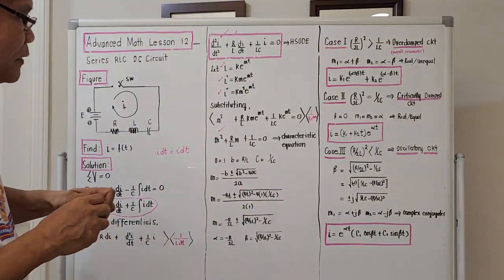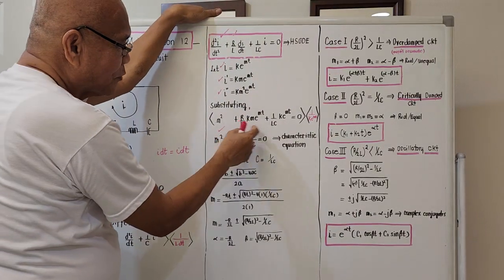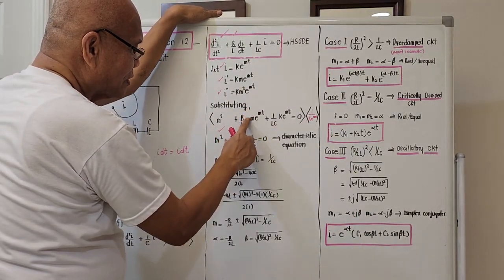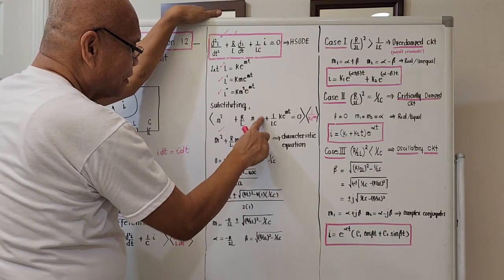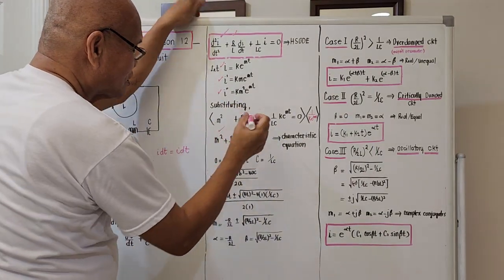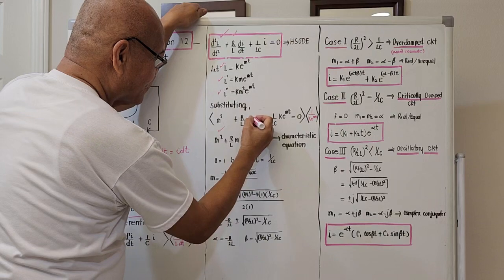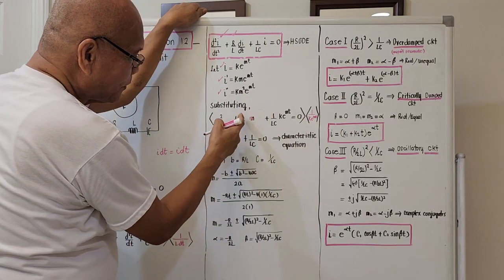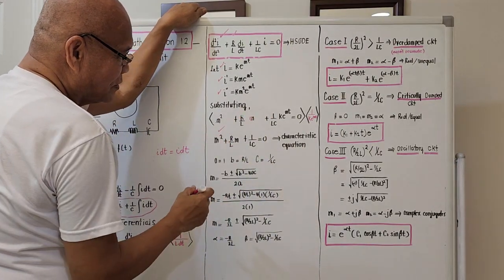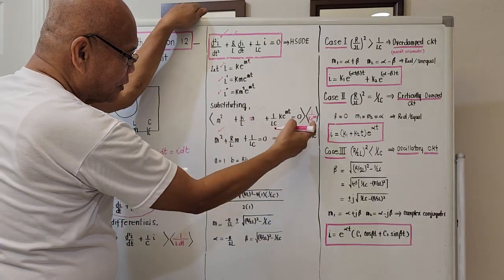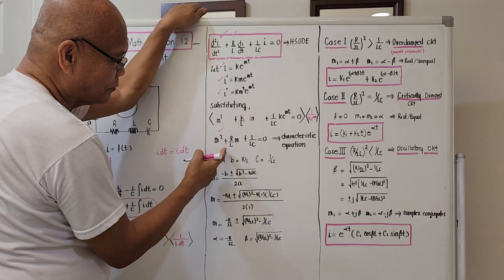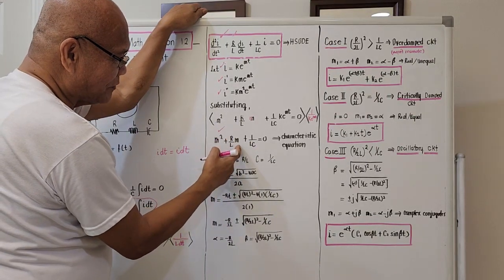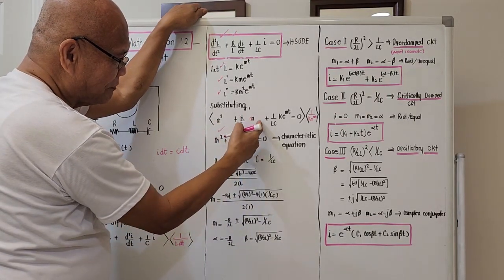For the second part, the k will disappear, e raised to mt will disappear. What remains will just be simply the ratio R over L times m.